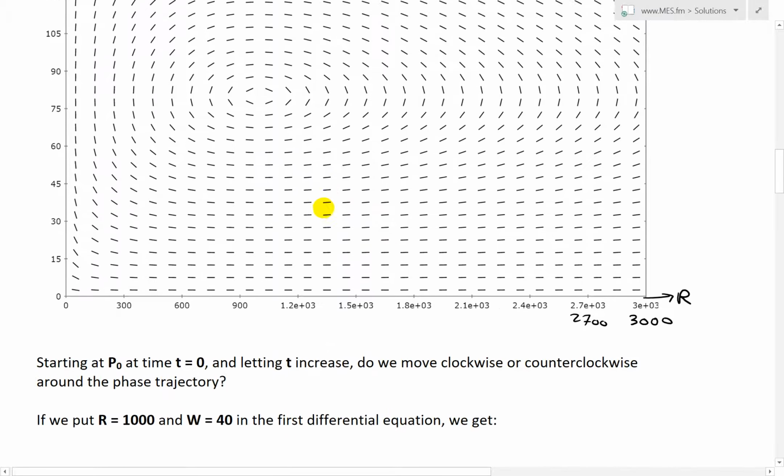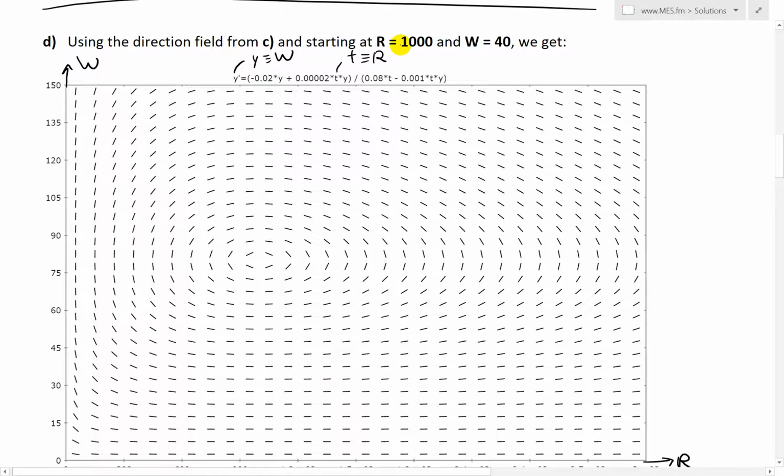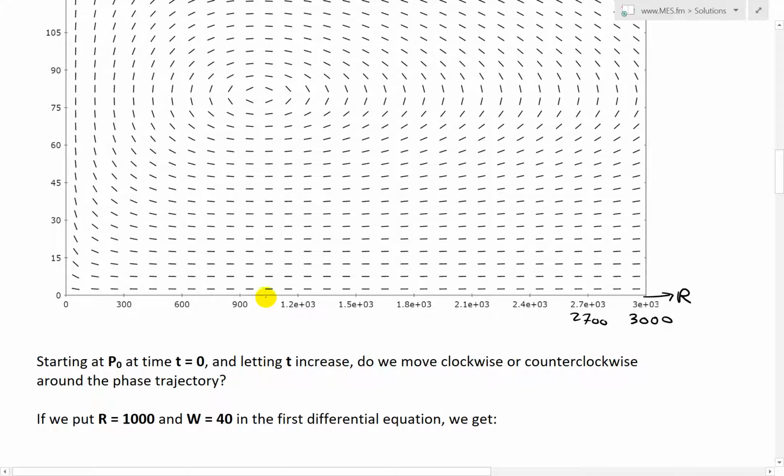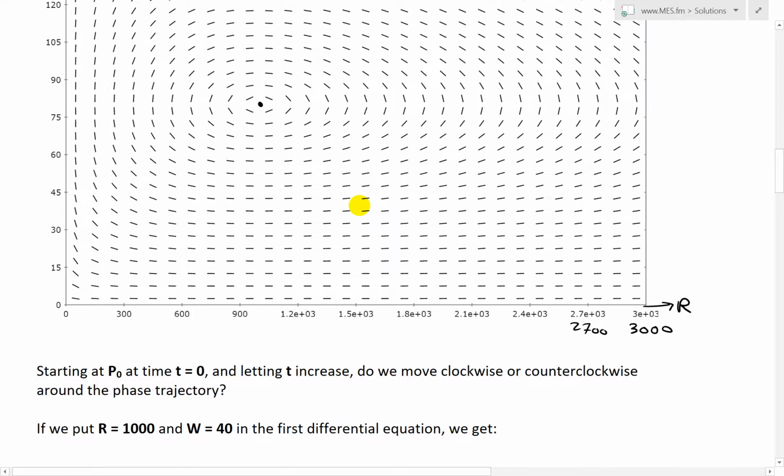Now let's start off at our 1,000 and 40. So 1,000 is roughly here, which is the center point. Recall that's the center point of the constant solution, 80 and 1,000. But in our case, let's say we have 1,000 right here.